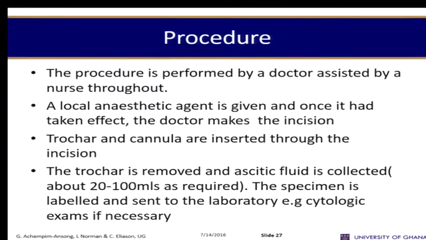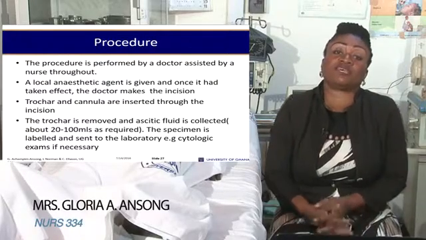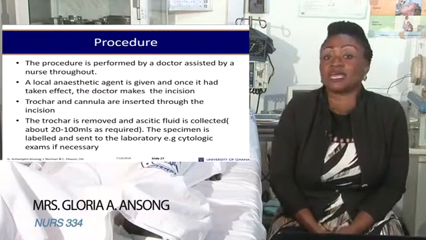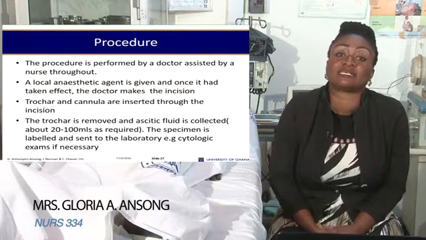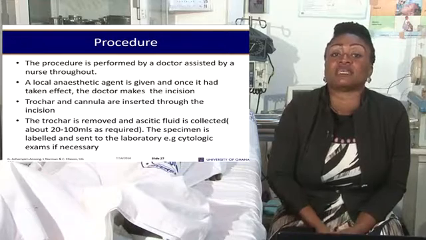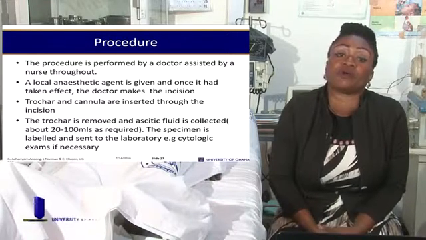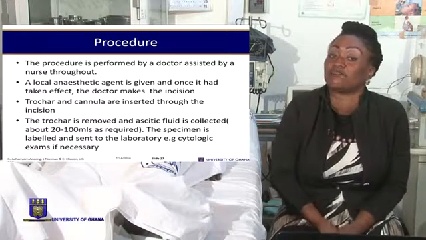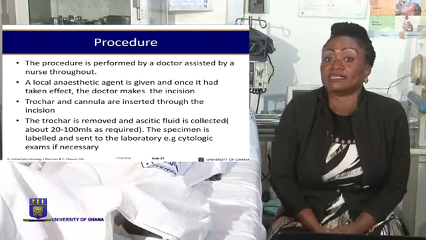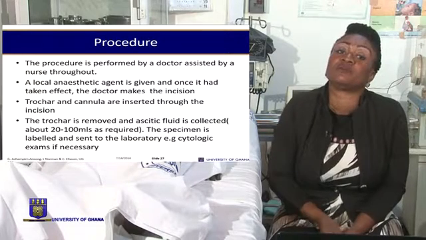Now the procedure. The procedure is mostly performed by a doctor, and the nurse assists the doctor. The responsibility of the nurse during the procedure is to position the patient and then support and assist the doctor by supplying the necessary equipment. A local anesthetic agent is given by the doctor, and then an incision is made.